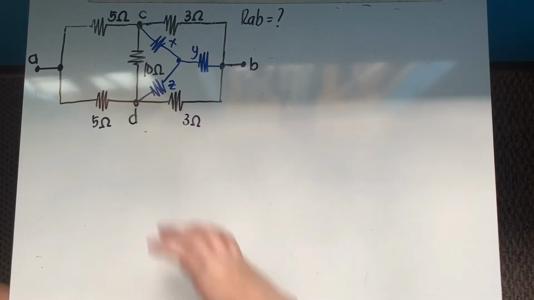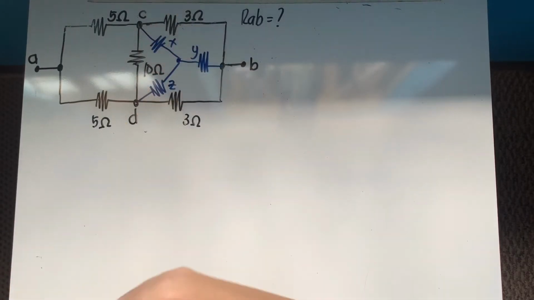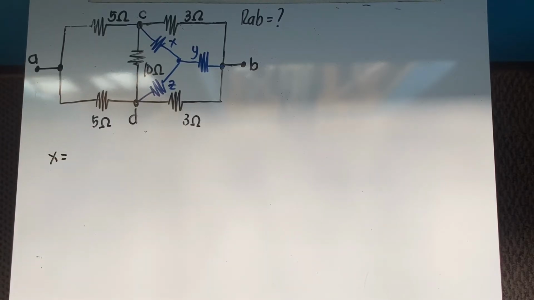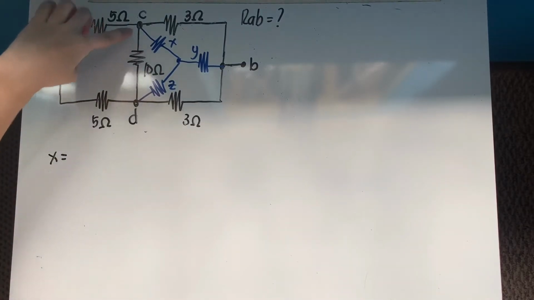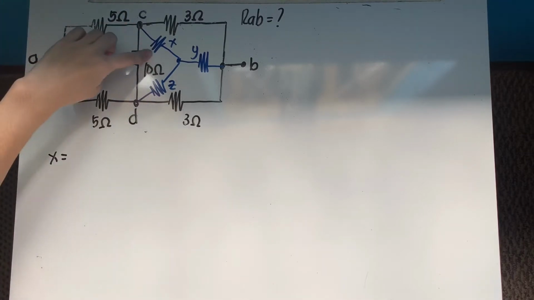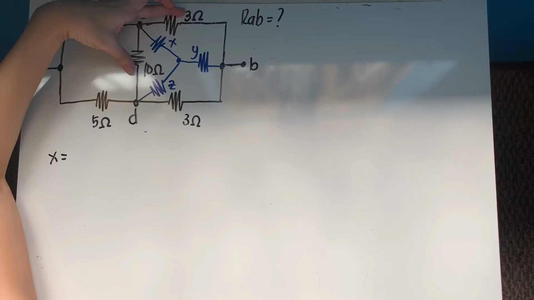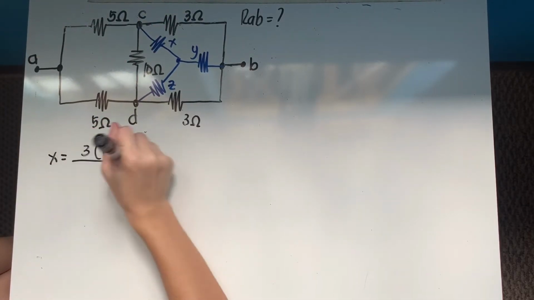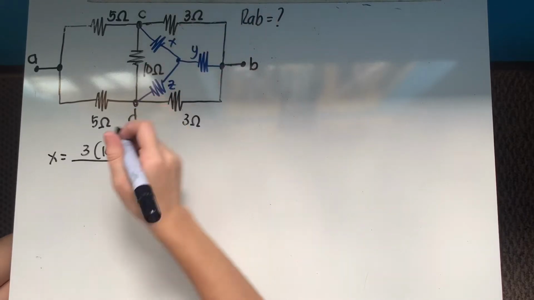Okay. So, from a delta connection, if we're going to convert this to Y, para makuha natin si resistor X, di ba yung umiipit sa kanya, that's 3 times 10, over yung sum ng resistances natin.